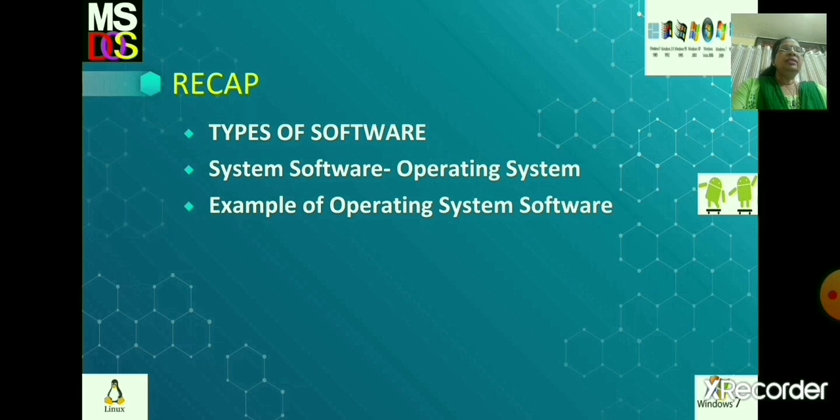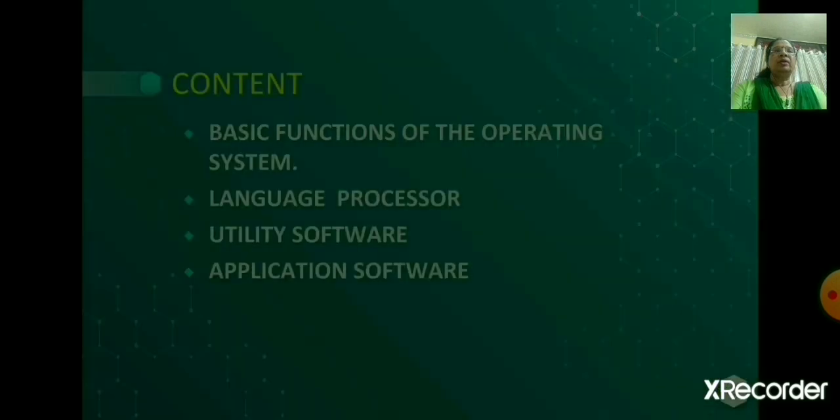Software is a set of programs and related data. And what is an operating system? An operating system is the interface between the user and the hardware, right? And what are the examples of operating systems? MS-DOS, Windows 7, Linux, Unix, okay.